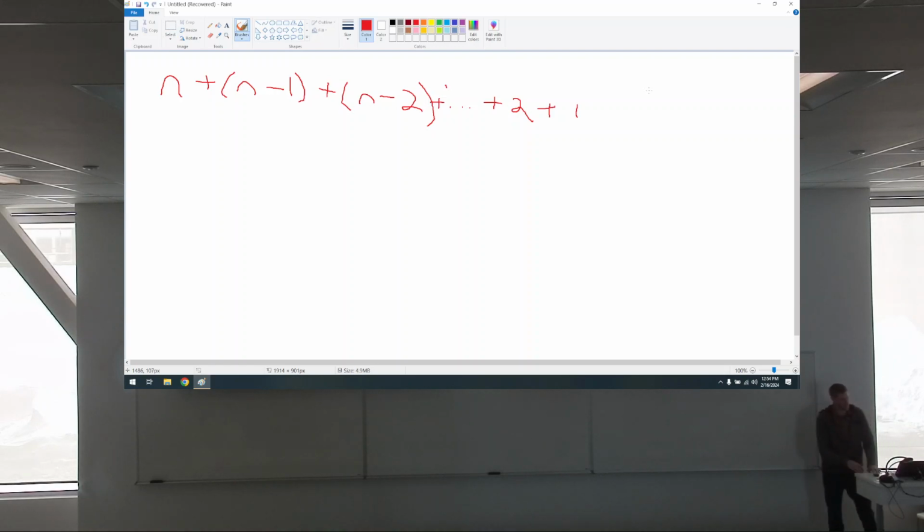The first time it's going to run n. The next time it's going to run 1 less. So it's n minus 1 total amount of work. Plus n minus 2 units of work. Plus n minus 3 units of work, and so on and so on and so on.